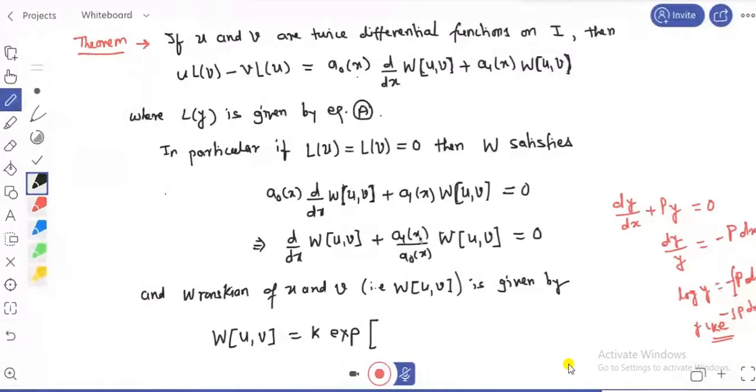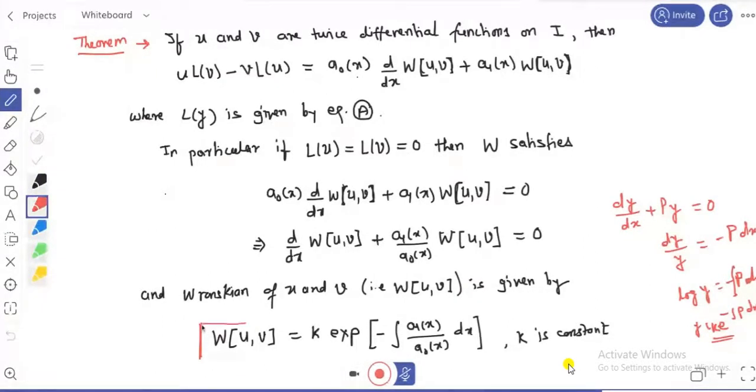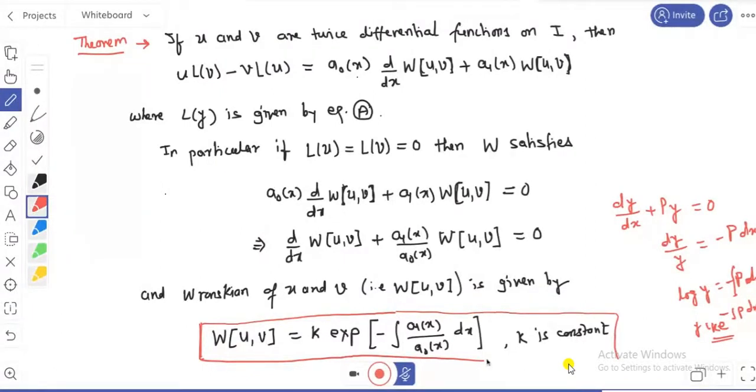What is p here? p is this term: minus integral a1x over a0x dx. And what is k here? k is a constant. Okay, so this formula, which is the Wronskian of u and v, defined by this, is known as Abel's formula.